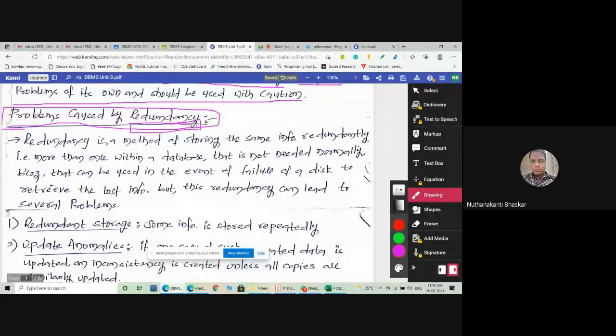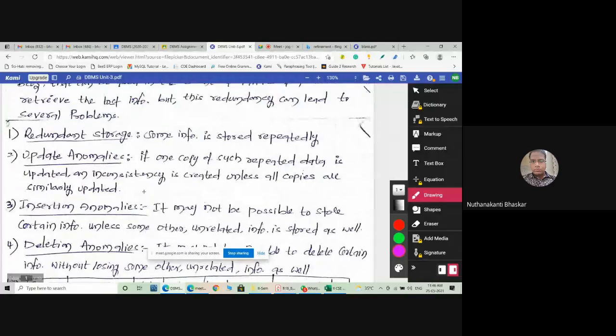Generally, redundancy is a method of storing the same information redundantly. Same data we are storing more than one time, which means we are maintaining the data more number of times. When we do this, basically four problems are going to occur.